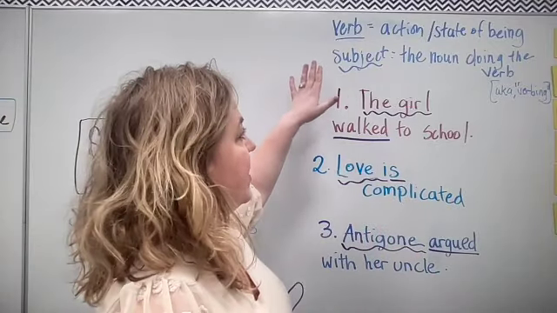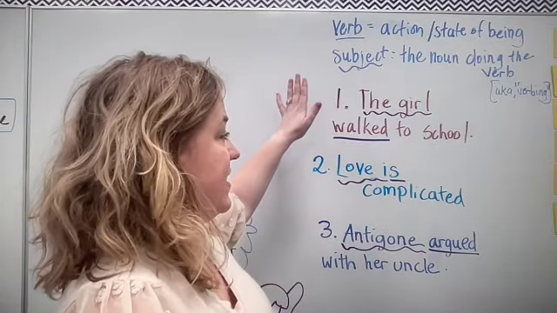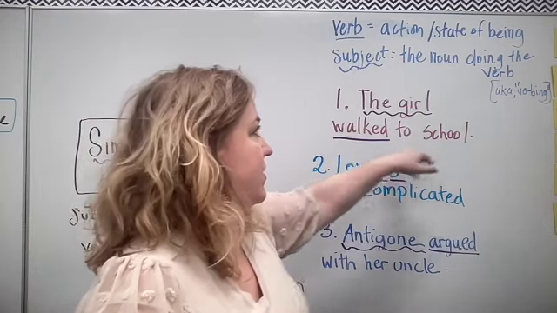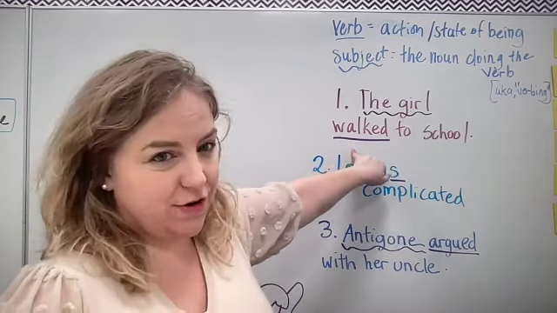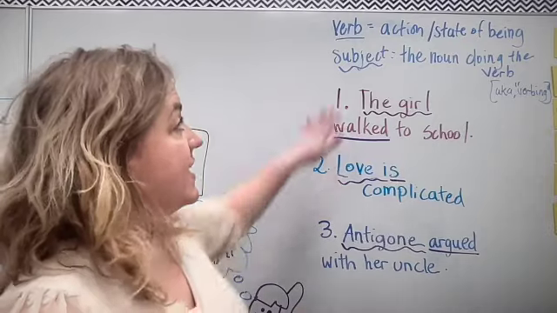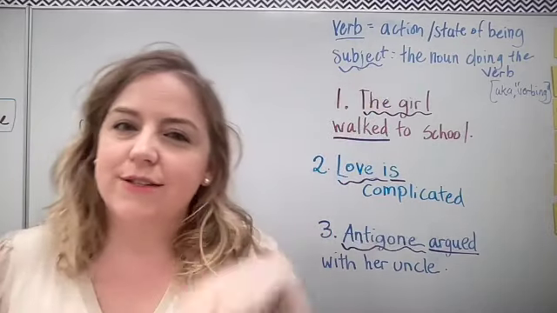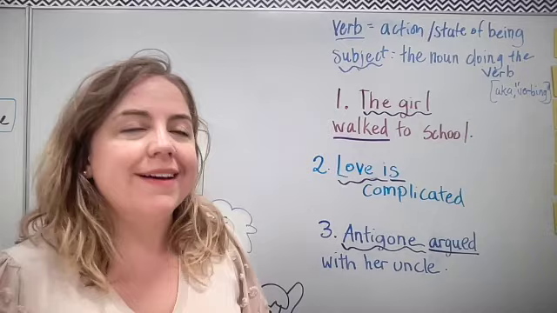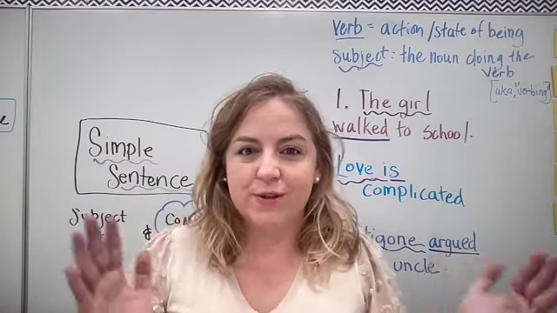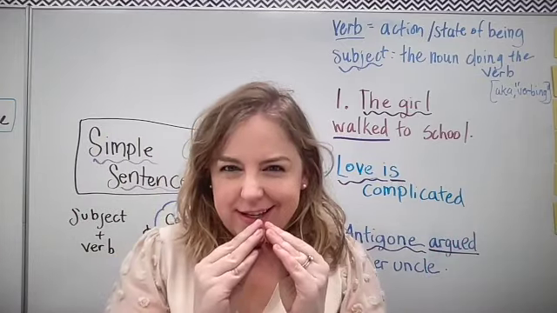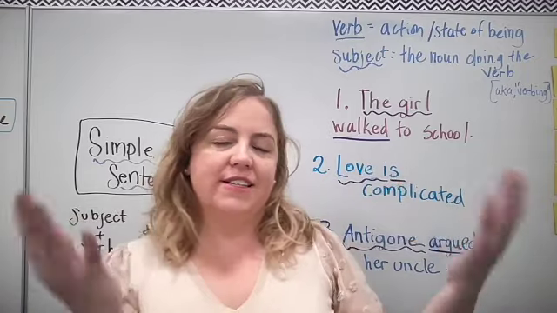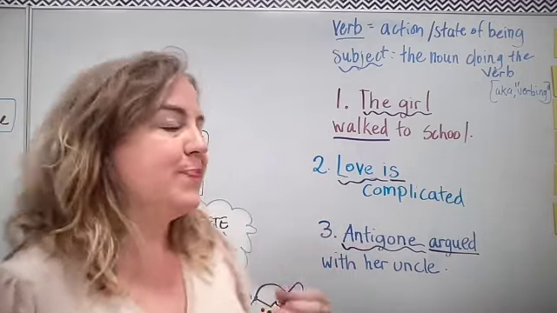If I have the sentence "The girl walked to school," then walked is the verb because that's the action. A subject, on the other hand, is the noun that's doing the verb. You can parse it out into a simple subject, which is just the noun itself, and a complete subject, which is the entire phrase that belongs to the noun.